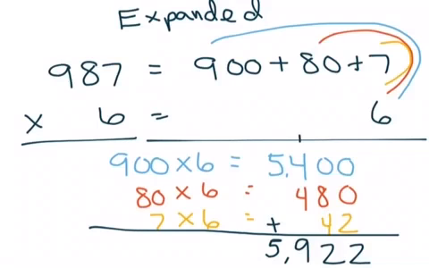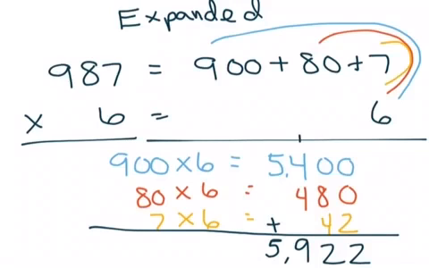So then I use the 3 colors here to help you track what we did. You need to multiply every single top number, the 900, the 80, and the 7. You have to multiply each one of those by the 6. So down below, you just write out your equations. You have 900 times 6 is 5,400. 80 times 6 is 480.